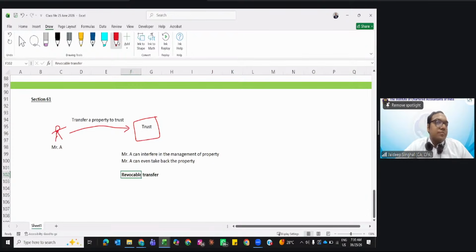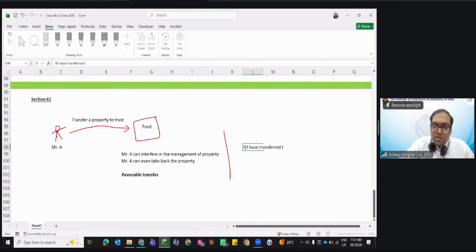So this is a revocable transfer. Now, on the other hand, if I have transferred the property and now I do not have any rights, will this be a revocable or irrevocable transfer?